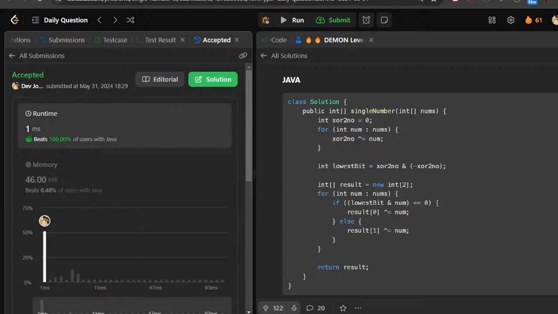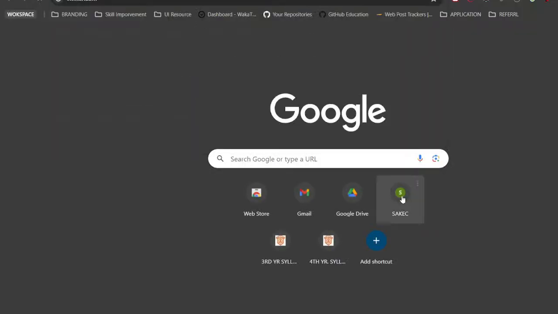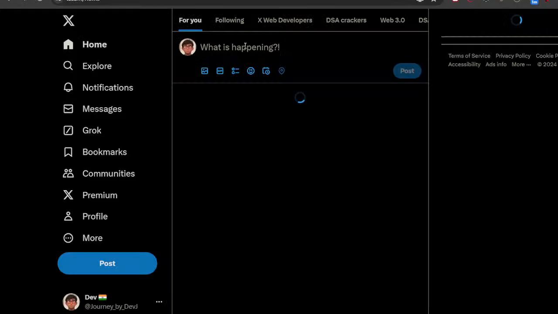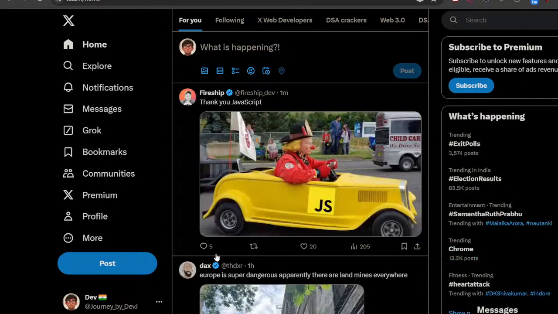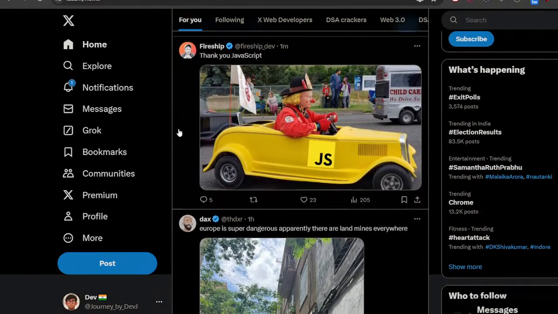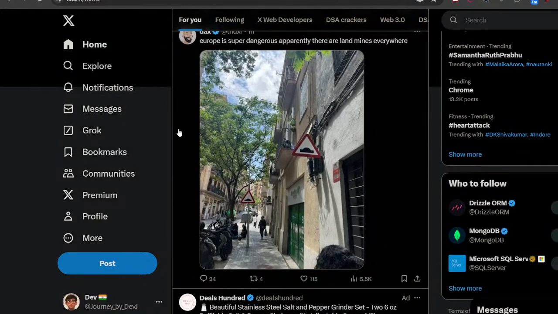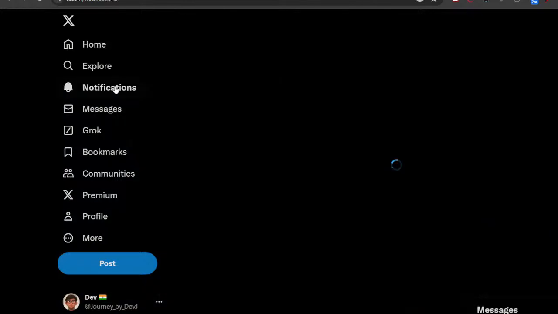So first we will go into IntelliJ. At the same time, let's open Twitter. Why is everything lagging? Fireship, thank you JavaScript. Europe is super dangerous, apparently there are landmines everywhere. That is a speed bump, man.